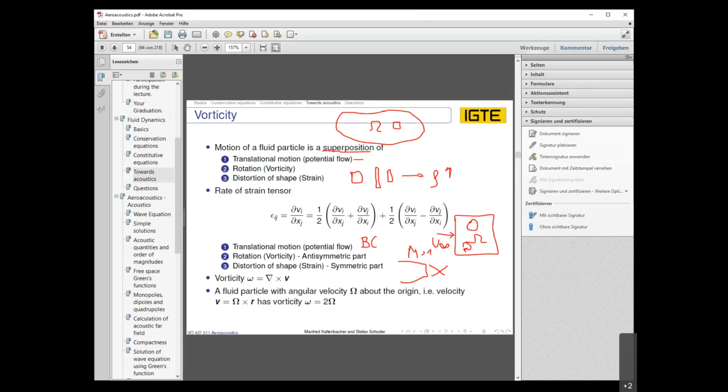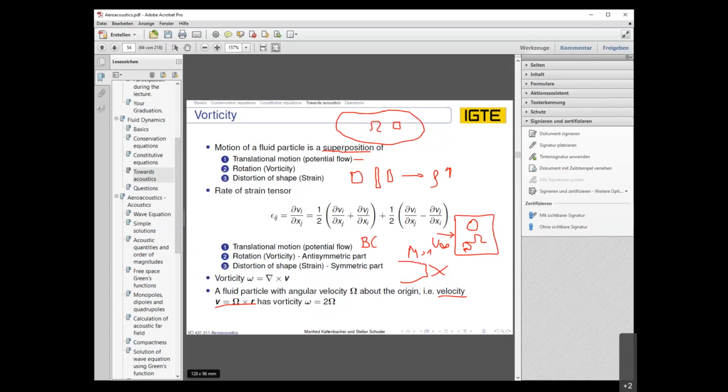And now this vorticity is also related to an angular velocity, and how the relation is for a typical velocity setup here. That we have a fluid which is moving with an angular velocity of capital omega, then the vorticity is twice the angular velocity of this velocity field described by that shape.